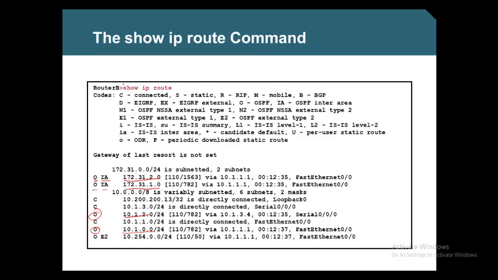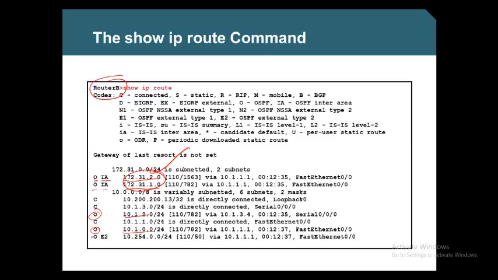Router B is not in the same area where these networks are. In other words, these networks are coming from some other area where router B is not present. These routes belong to some other area.